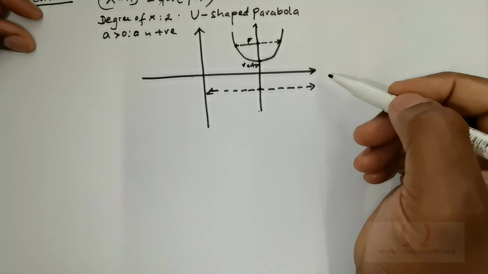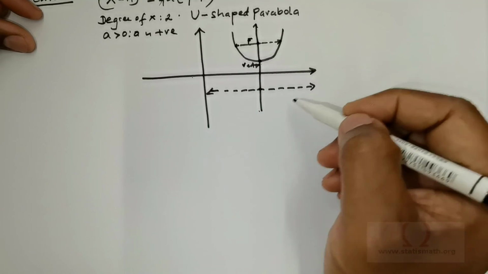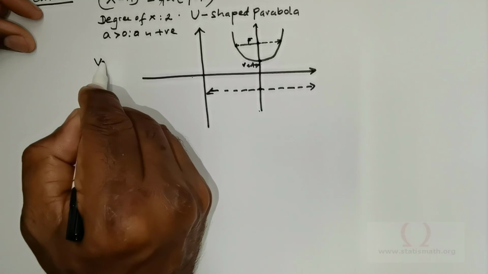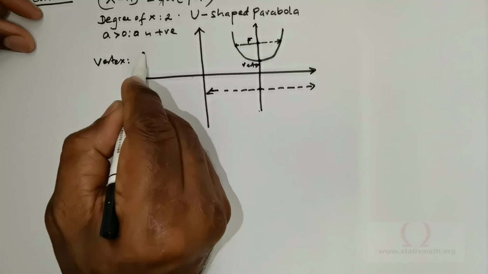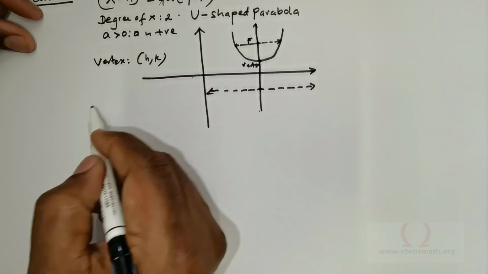So let us write down the values for this particular parabola. So clearly the vertex in this case is (h, k).